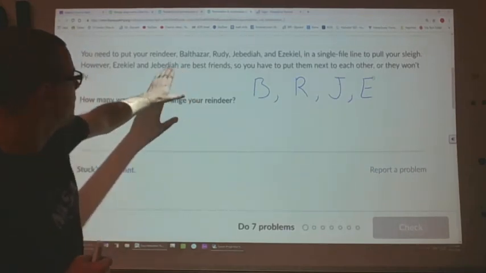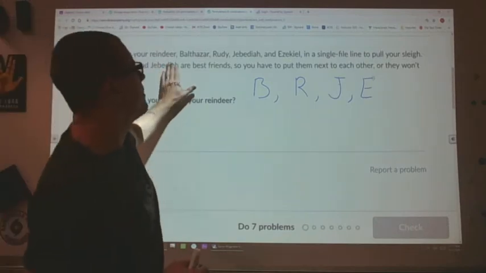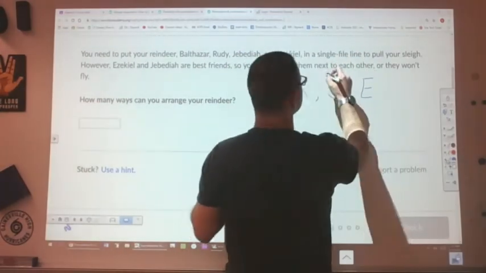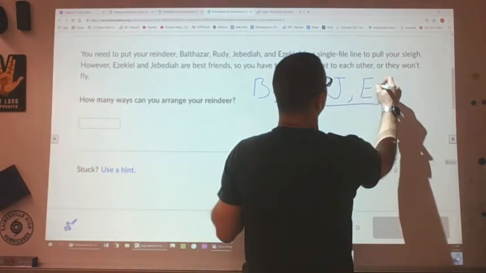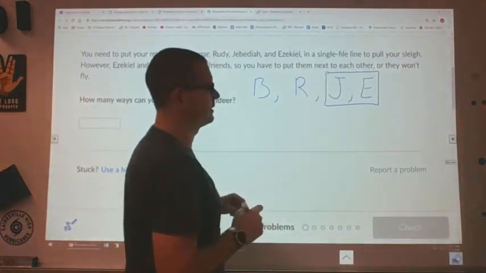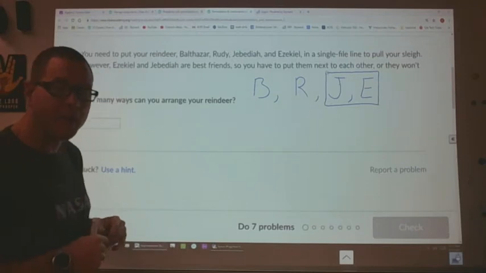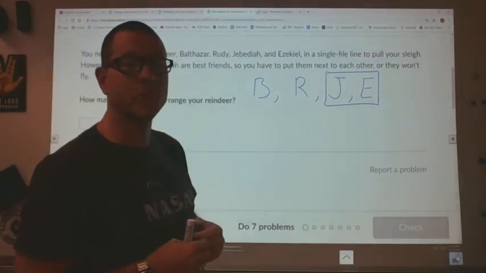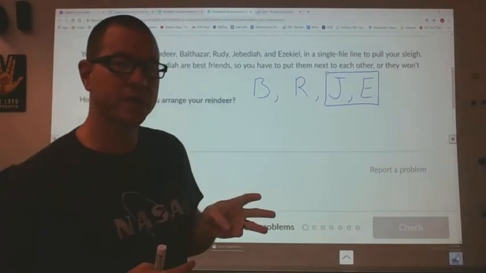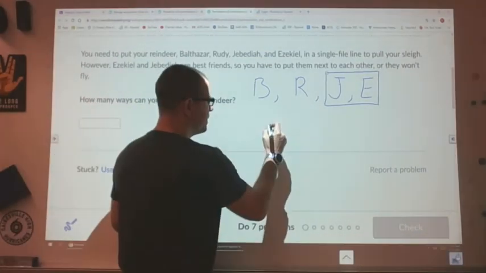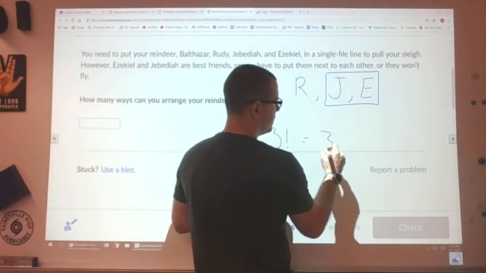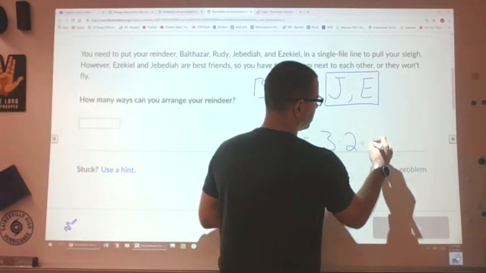However, because they're saying Ezekiel and Jebediah have to be next to each other, we can kind of just group them as one object. So really we're talking about 3 unique items, and the number of ways to arrange 3 objects would be 3 factorial, which is 3 times 2, technically times 1, which is 6.